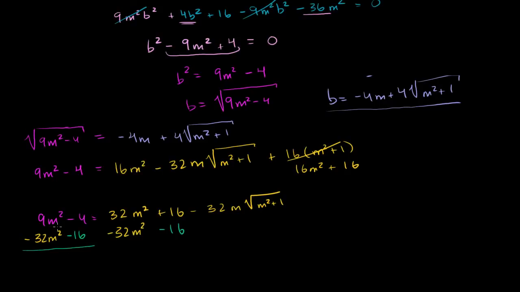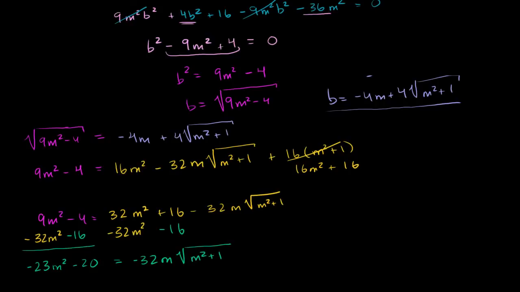The left-hand side, 9 minus 32 is going to be negative 23, so this is negative 23m squared minus 20 is equal to negative 32m times the square root of m squared plus 1.